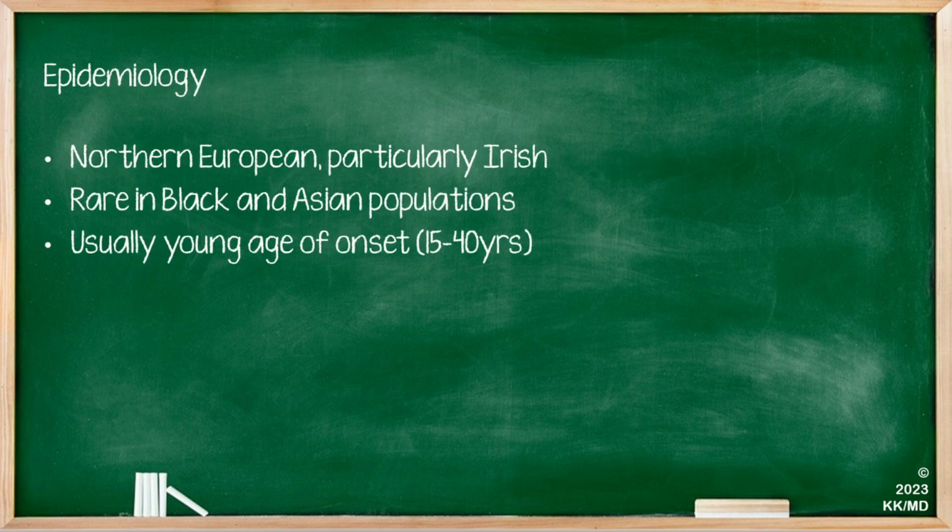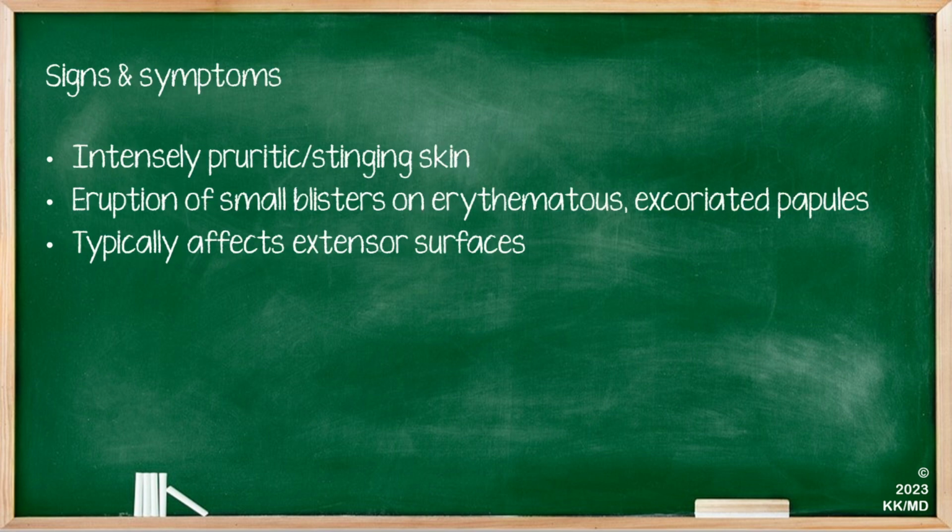As for its epidemiology, it's quite common in Northern Europeans, particularly those of Irish ancestry. It's rare in Black and Asian populations and is usually common in young people between the ages of 15 and 40. With regards to its signs and symptoms, it typically presents as an intensely pruritic and stinging skin rash.